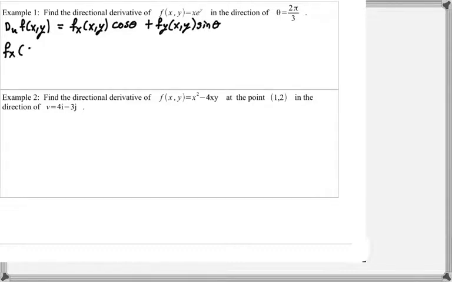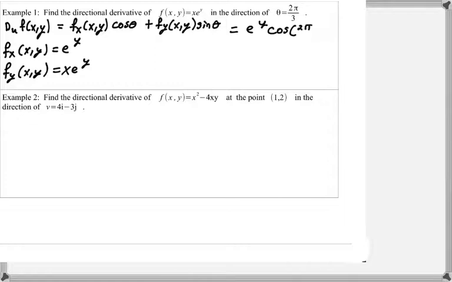So the partial derivative of f with respect to x is going to be e^y. The partial derivative of f with respect to y is going to be x e^y. Okay, so we can go ahead and plug that in, and also plug in 2 pi over 3 for theta.